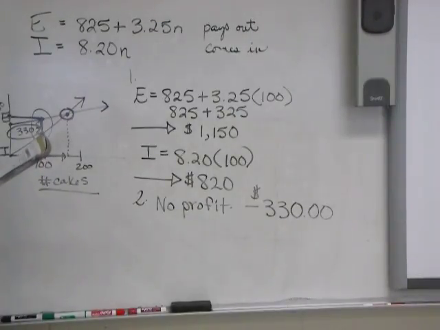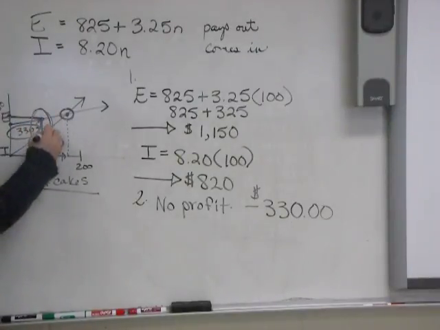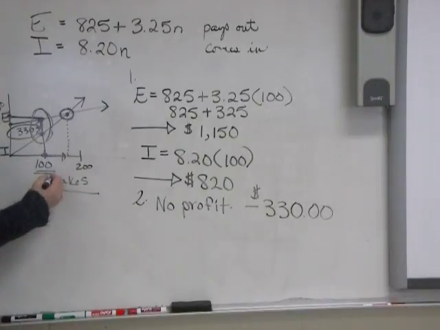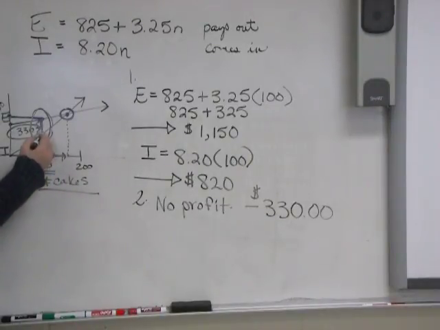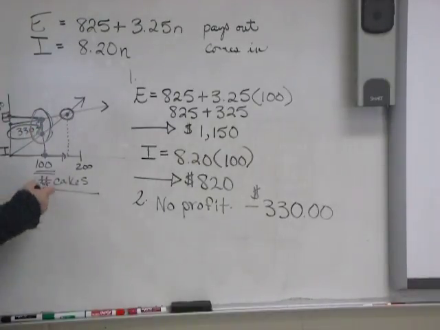Number 3, Kevin drew the graph that you're looking at on your paper, and it said explain how he could use this graph to determine Fabian's profit. And again, we just talked about it. You look at these two, you go to 100 cakes, and you would subtract the income and expenses for 100 cakes on that y-axis.